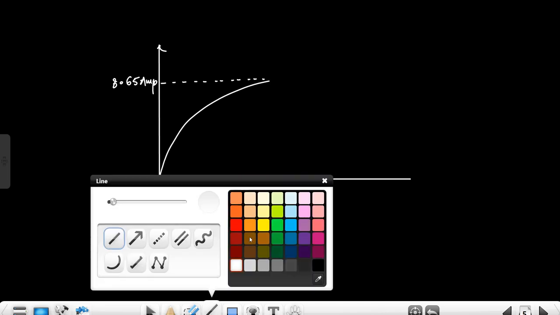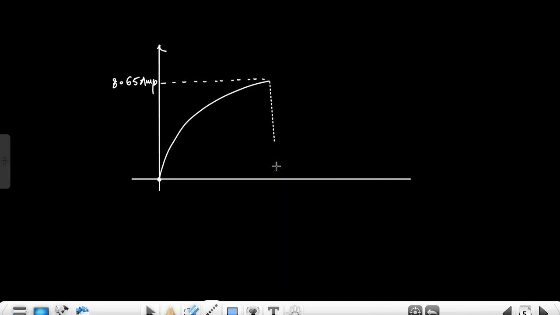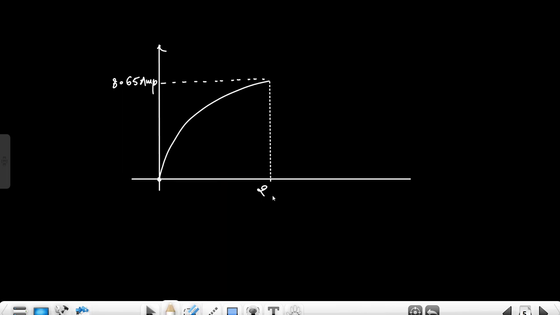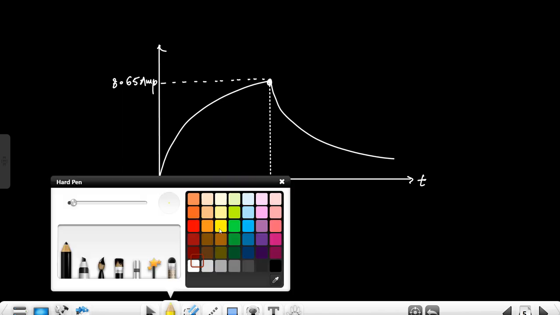So initially it is charging and it has charged up to a value which is 8.65 amperes, right, up to this time instant, that is 2 seconds. And after that, it is exponentially decreasing like this, which is following the equation.